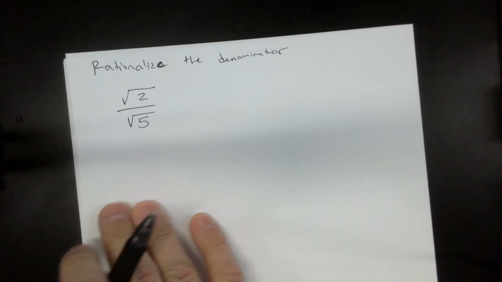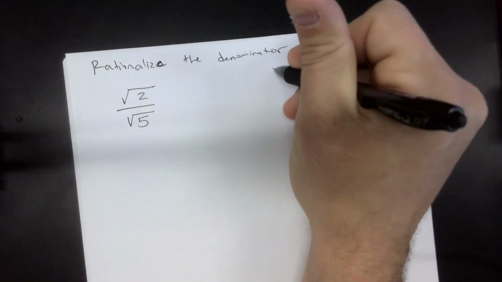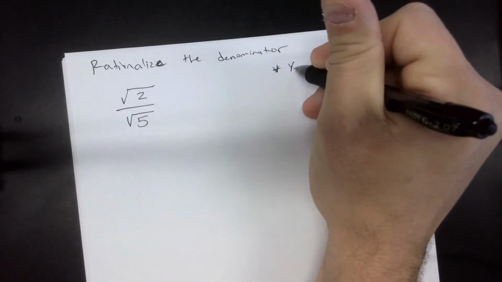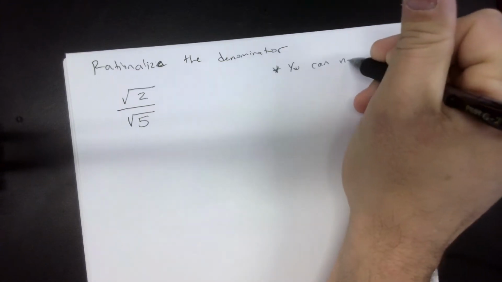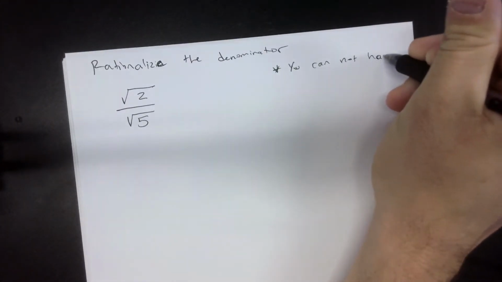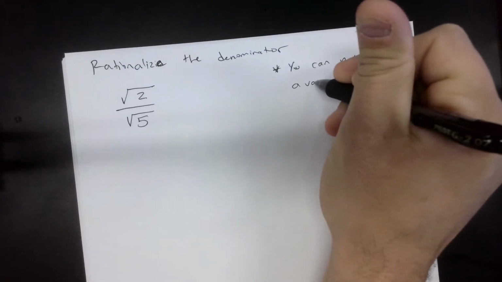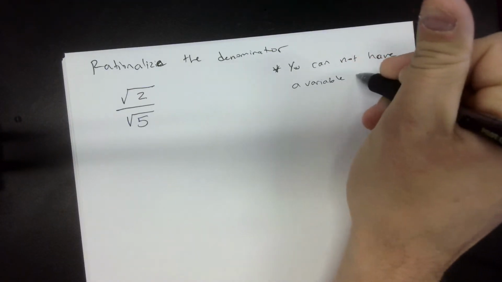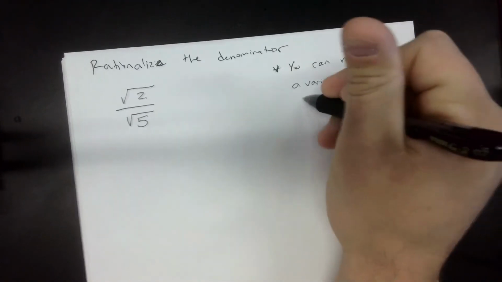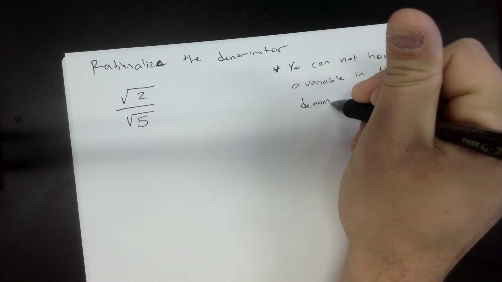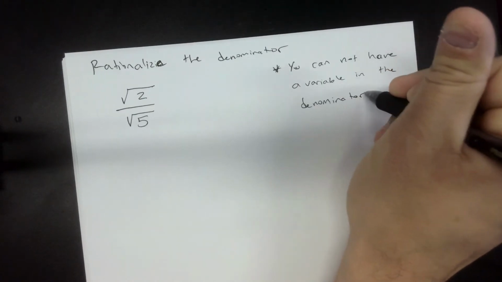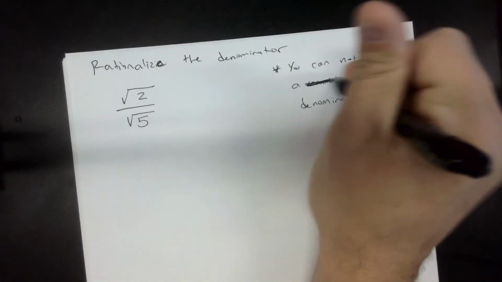In the world of math, big star, you cannot have a variable in the denominator. Oh my goodness, you cannot have a radical.